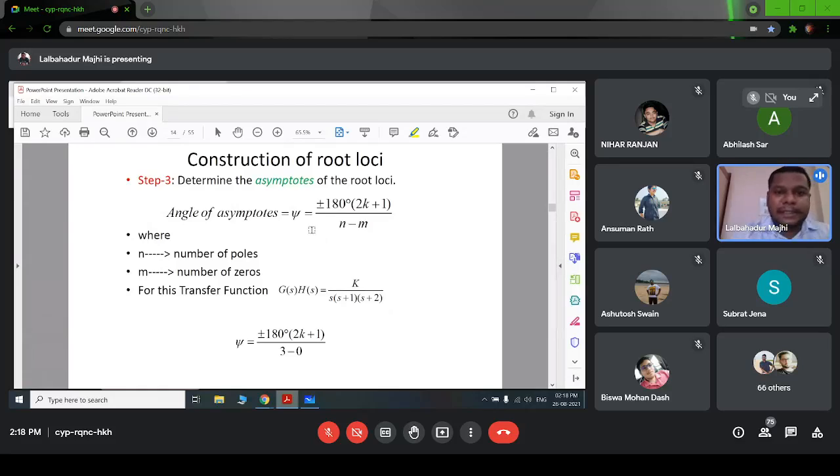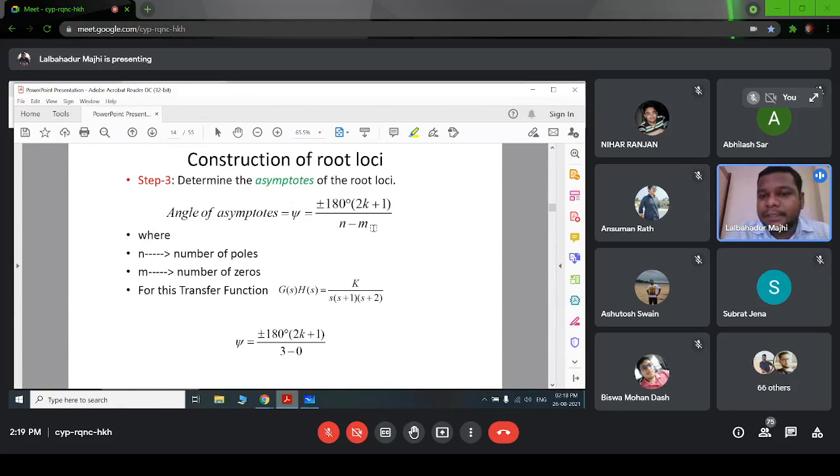So the next step is to determine the asymptotes of the root loci. So we have to find the angle of asymptotes. The angle of asymptote psi is given as plus minus 180 into (2k plus 1) divided by n minus m, where k goes from 0, 1, 2, 3, 4 up to n, n is the number of poles and m is the number of zeros.